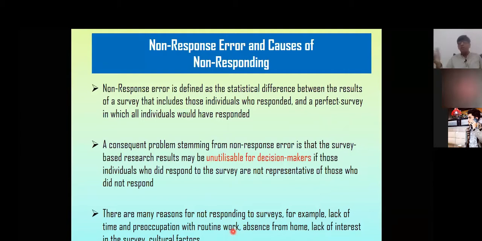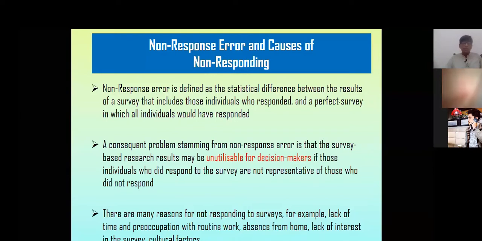For example, a businessman who is regularly going outside the city several times in a month. So when you want to conduct his interview, he may not be available. This is also a problem. Absence from the home. Definitely, if you want to conduct the interview, the good place is his or her home. So sometimes the respondent is not available at home.